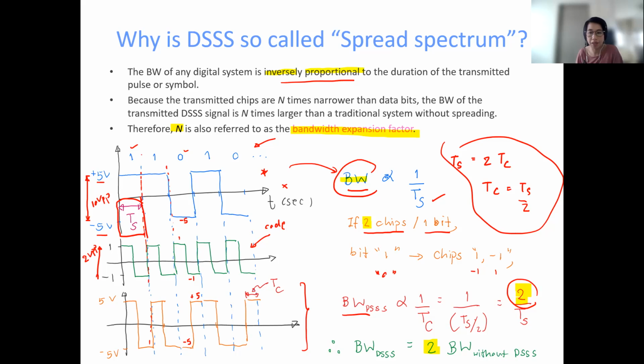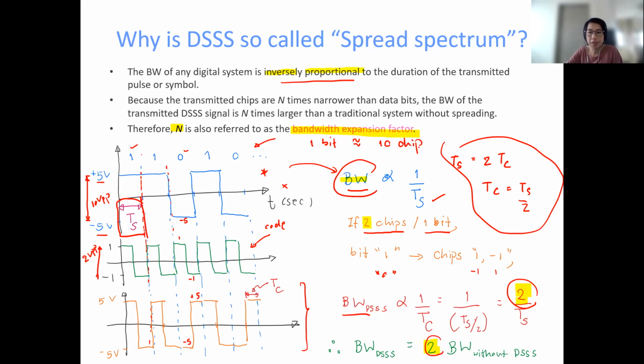Okay, then if I change the problem, and I want to make a wider band than 2, for example, very wide, 10 times, what I have to do is bring a code with a length of 10. 10 pulses of code represent just 1 bit. So 1 bit represents 10 chips.